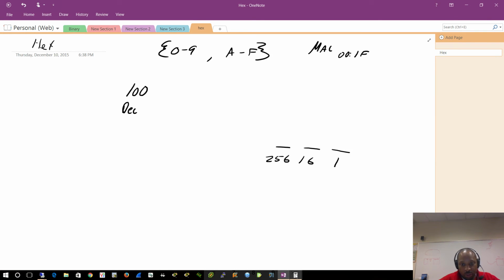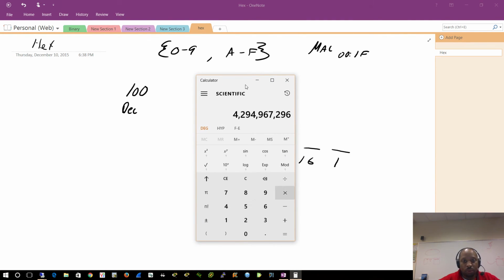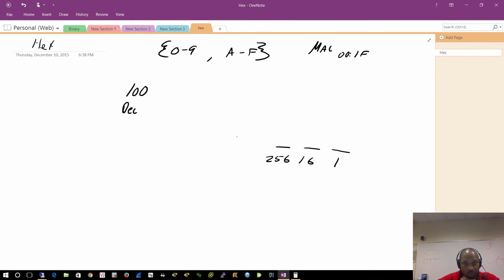How did I get that, by the way? Remember this is 16 to the 0, 16 to the first, 16 squared. 16 times 16 is equal to 256. And if you multiply that by 16 again, 4096. So we won't go any higher than that.